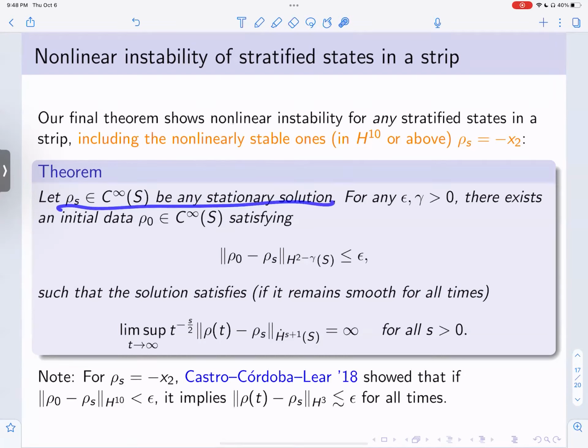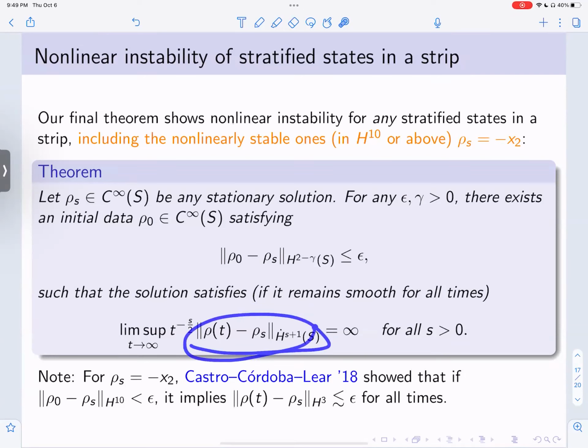Namely, for any steady state in the strip, including this one that is linearly stable, if we take the perturbation to be in a Sobolev space that is slightly below H2, so the norm can be arbitrarily small, but the important thing is that the order of the Sobolev space has to be strictly less than H2, then we show that we are able to find such a perturbation such that the H^(s+1) norm grows to infinity for any s bigger than 0.